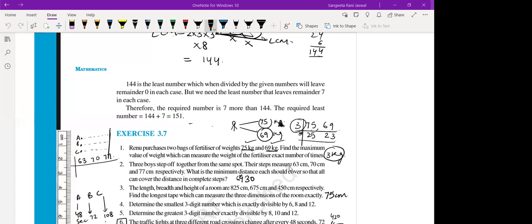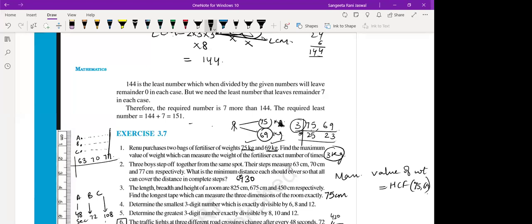The maximum value of the weight is equal to HCF of 75, 69.